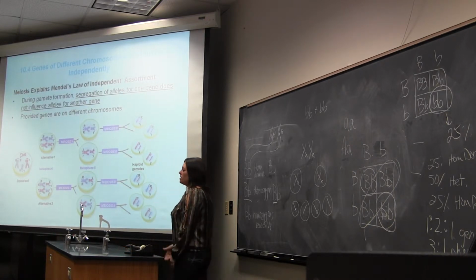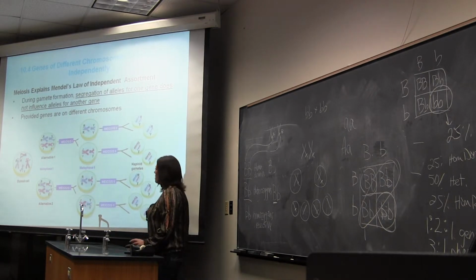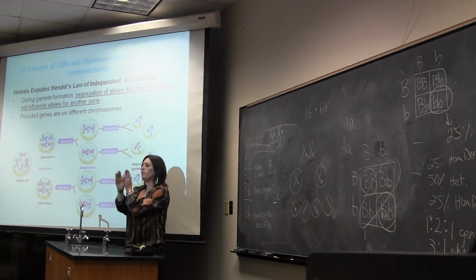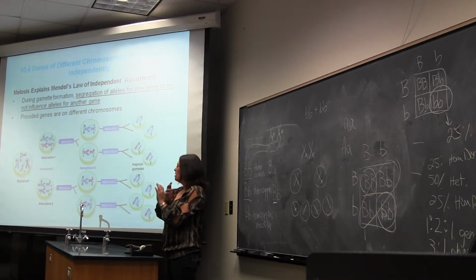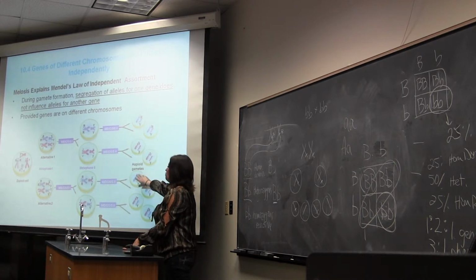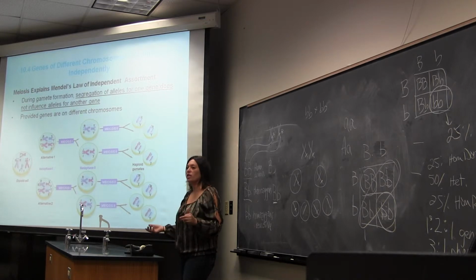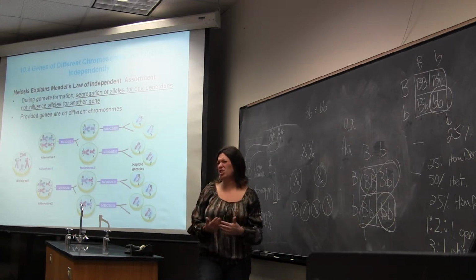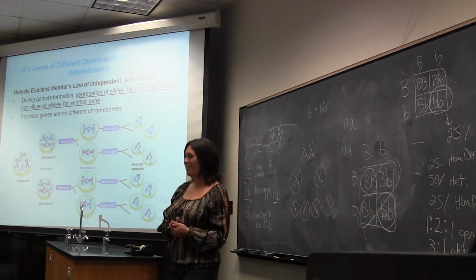So the law of independent assortment is saying that how the homologous chromosomes line up during metaphase 1 determines what combination of alleles you're going to get in your gametes or in your offspring. It's something we've already talked about. I just didn't tell you it was a law until today.